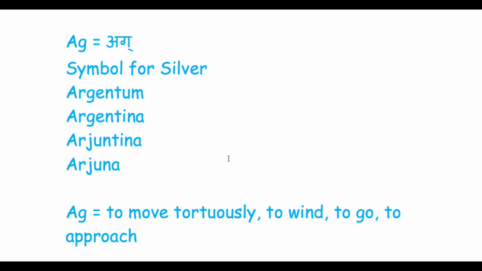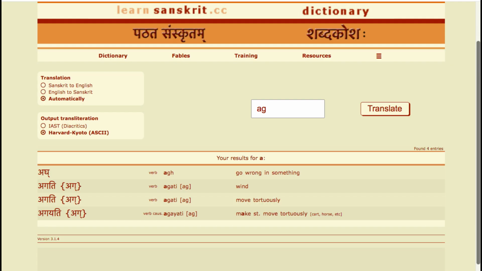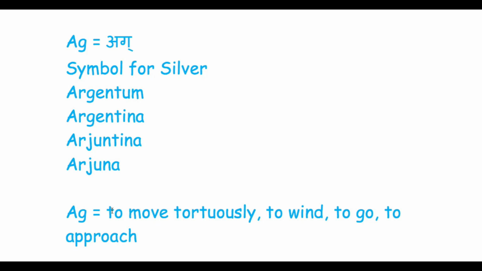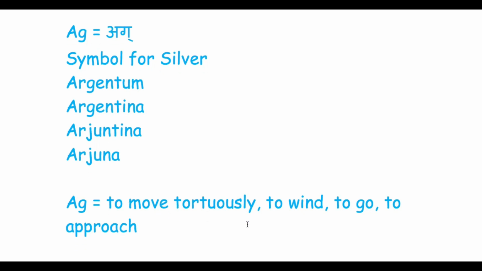Like he actually wields a divine weapon, an astra, and uses it on the command of God, okay? So Ag means to move tortuously, to wind, to go, to approach. And that's also where we get the word Agni for fire. That's where ignition comes from, Agni.